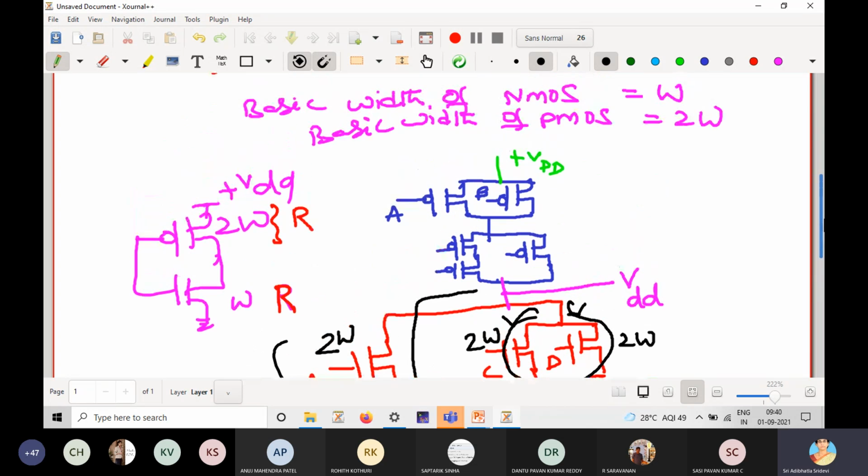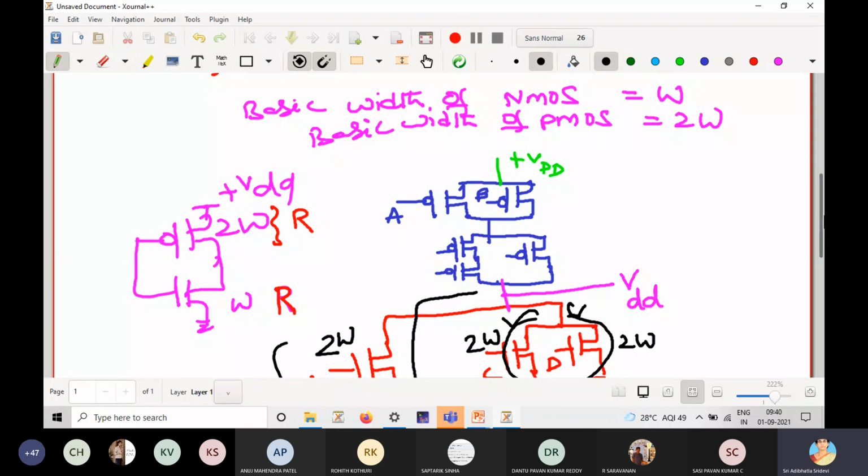Now, coming to PMOS. Check here. In the PMOSFET, how many different paths are there? Here I can have 2 or I can have 3, right? In a path, I can have either 2 or 3. Are you getting my point?